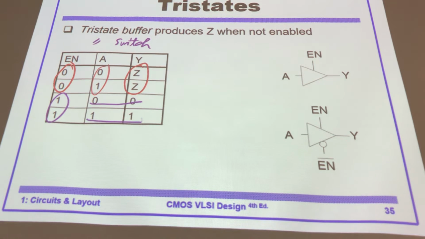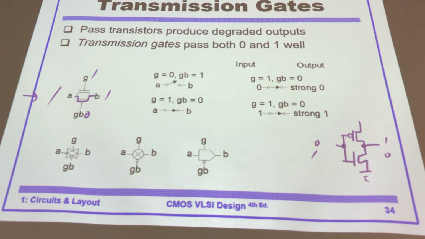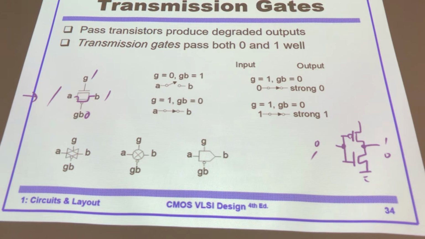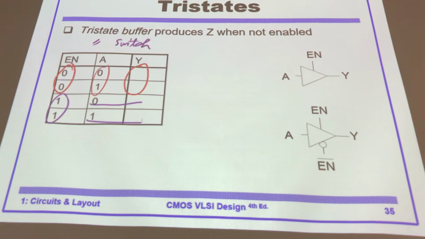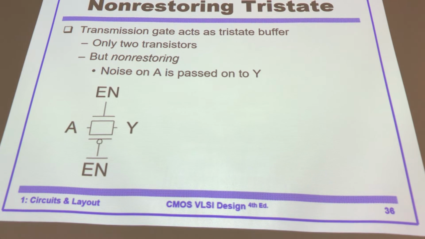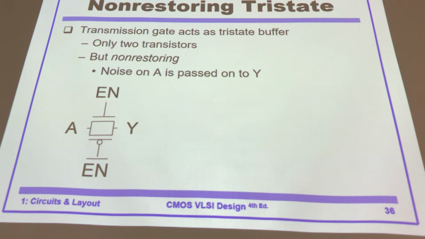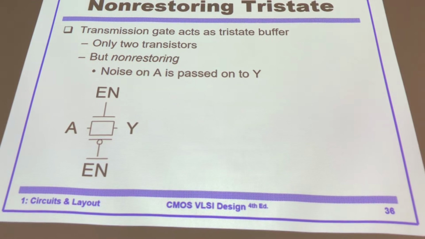But what's the difference from this one and the transmission gate? They look the same. In terms of function, they're similar circuits. Okay, here is the difference. The transmission gate acts as a tri-state buffer, right?